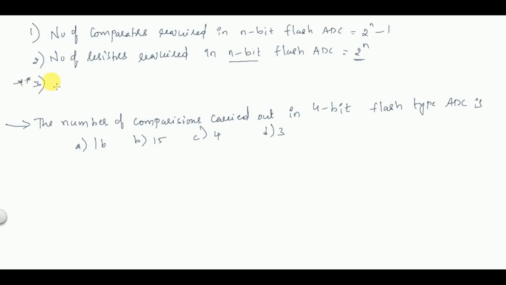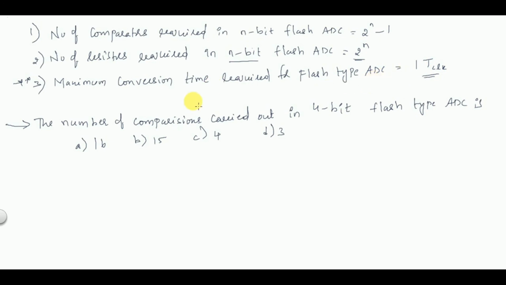Third, which is very important, the maximum conversion time required for flash type ADC is equal to 1 into T clock. That is, only 1 clock cycle is required, because V in falls in one of the ranges.